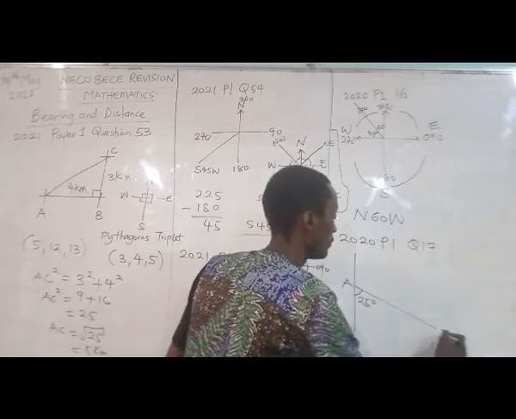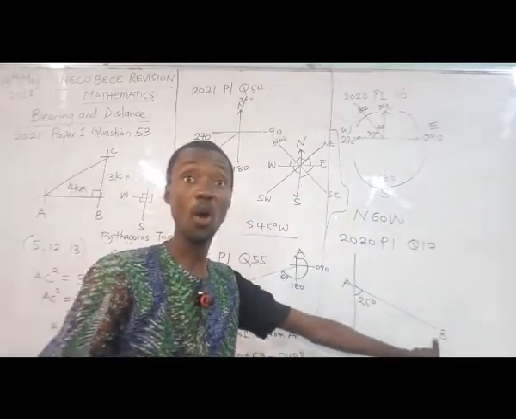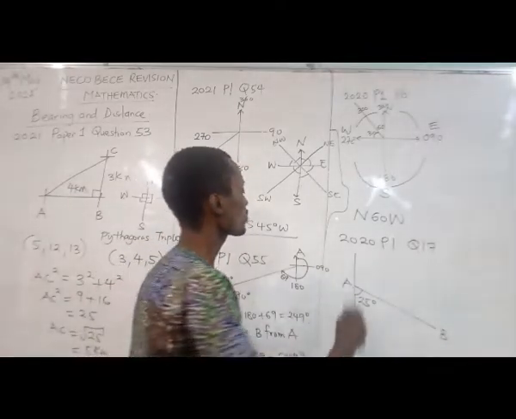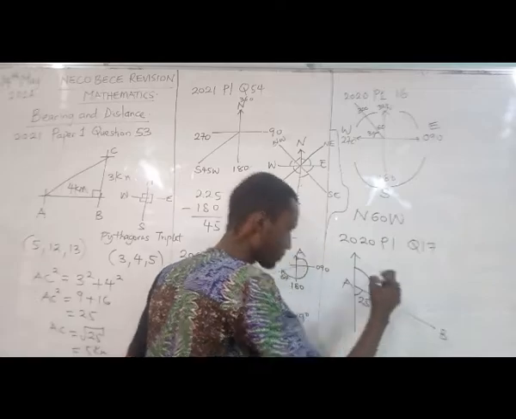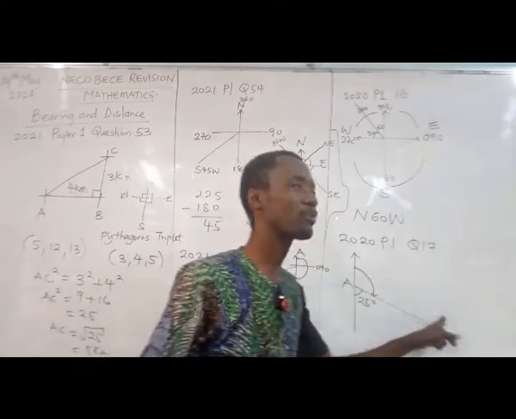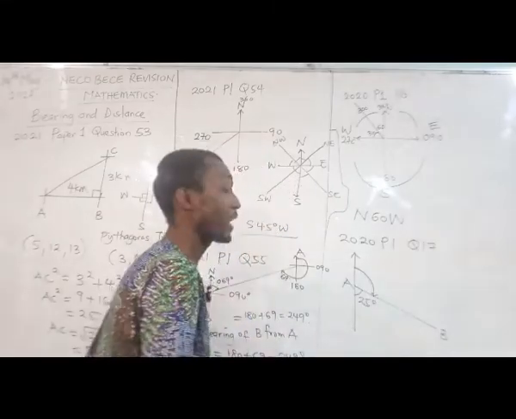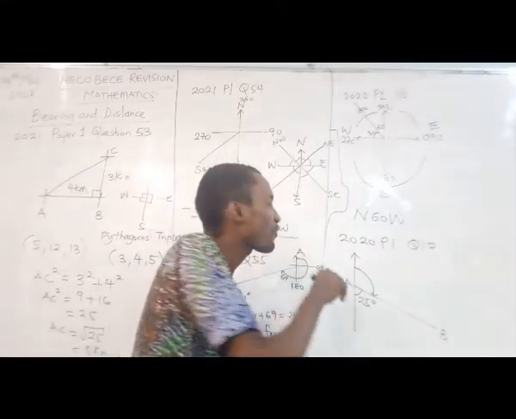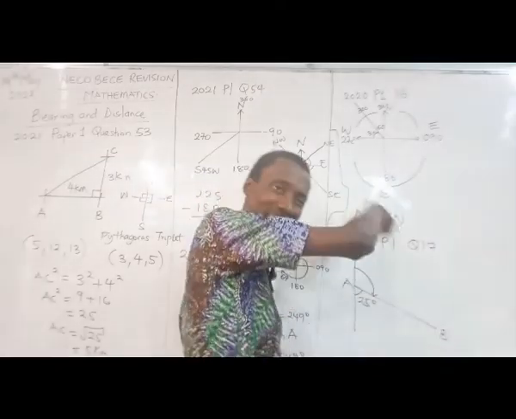Now, what is the bearing of B from A? This one is even very simple. What they are saying is, what is this angle? Bearing of B from A means measure the angle on A. And how do you measure the angle? You start from the north, read downwards.